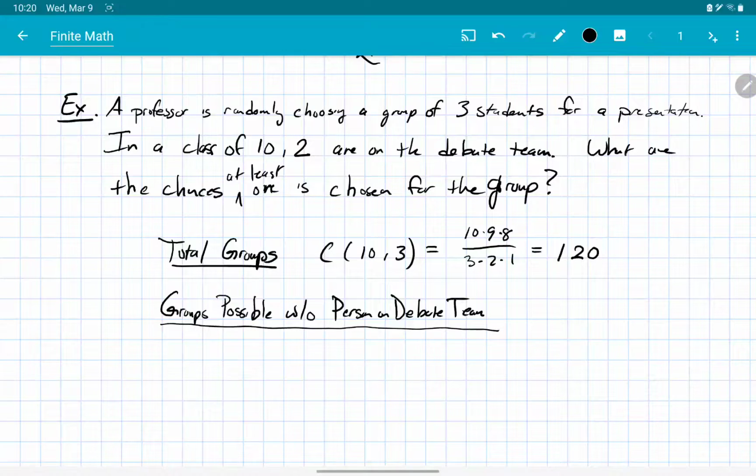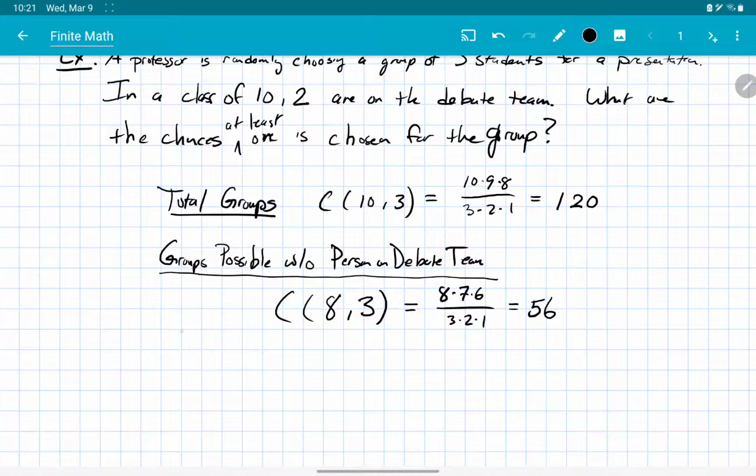Okay, how many people are not on the debate team in this class? 8 people are not on the debate team in this class. And how many are we choosing? We're choosing 3. So the total number of groups possible with nobody from the debate team is combination 8, 3, which is 8 times 7 times 6 divided by 3 times 2 times 1. That equals 56.